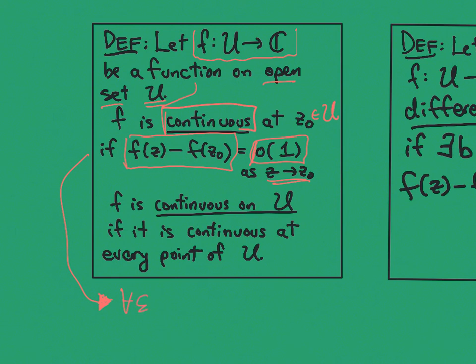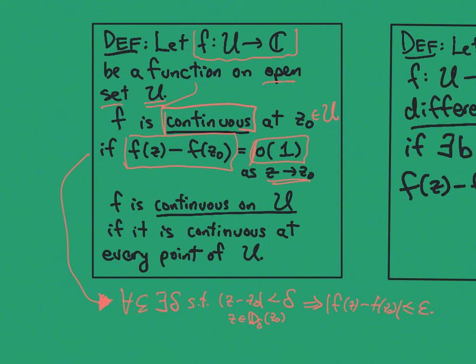So for every epsilon, there exists a delta such that for z minus z naught less than delta, which we previously wrote as z belonging to a disk, whenever we have this, we have f of z minus f of z naught less than or equal to epsilon.